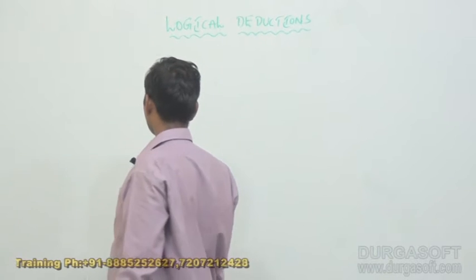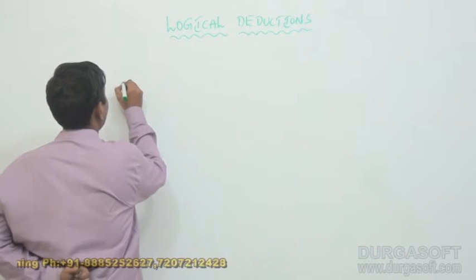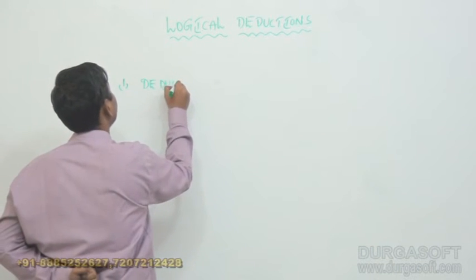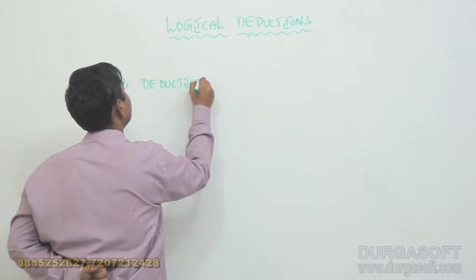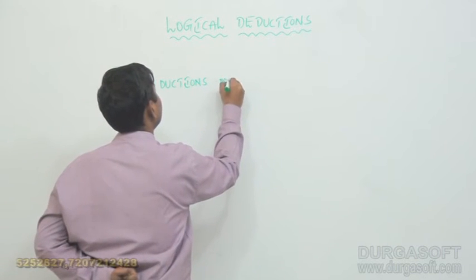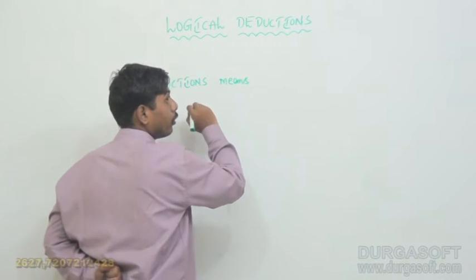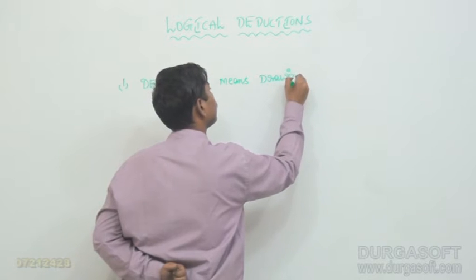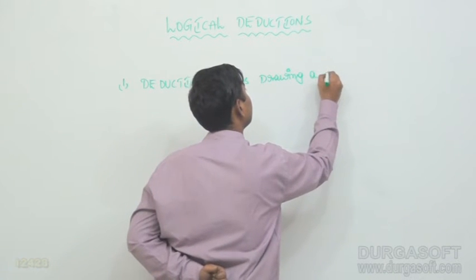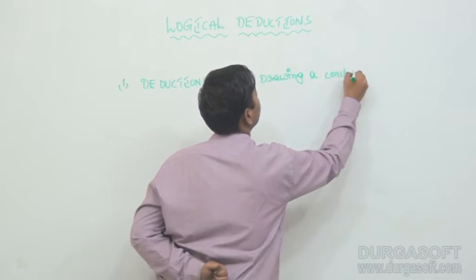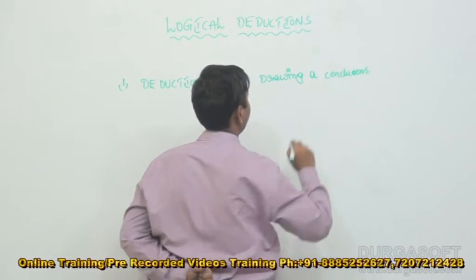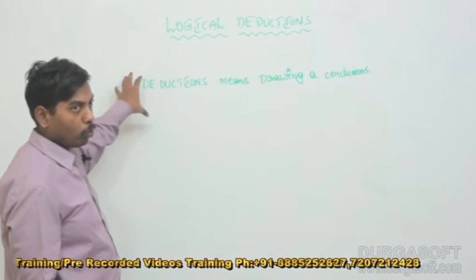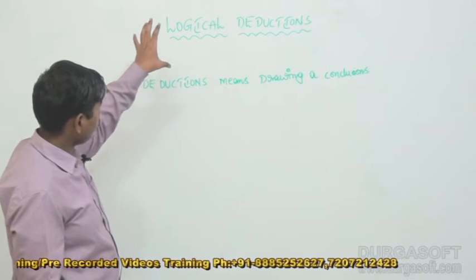Deductions means, yes, start it. Point number one here. Deductions means drawing a conclusion. Now we understand something with the title.